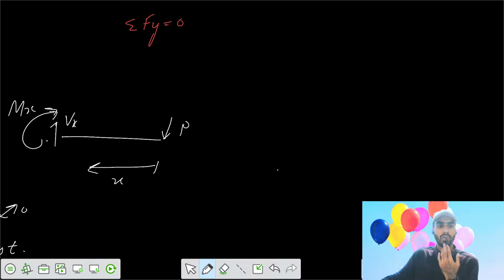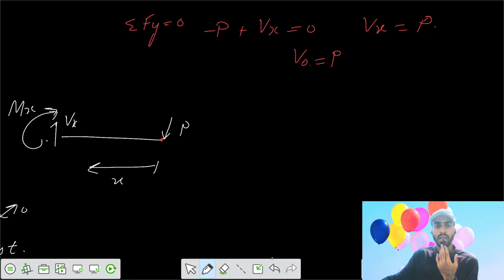So we have P minus P plus shear force at x equals 0. So shear force at x equals P. So at x equals 0, your shear force was equal to P.